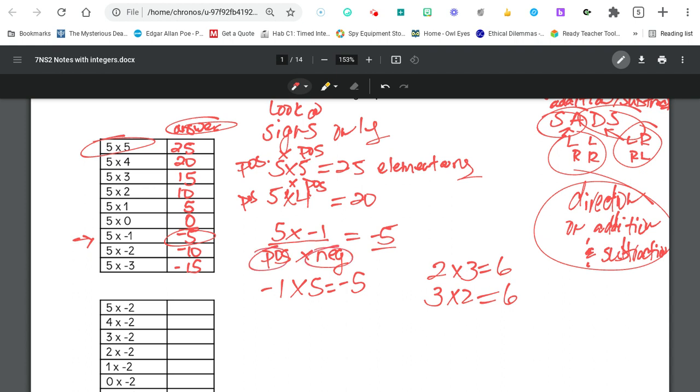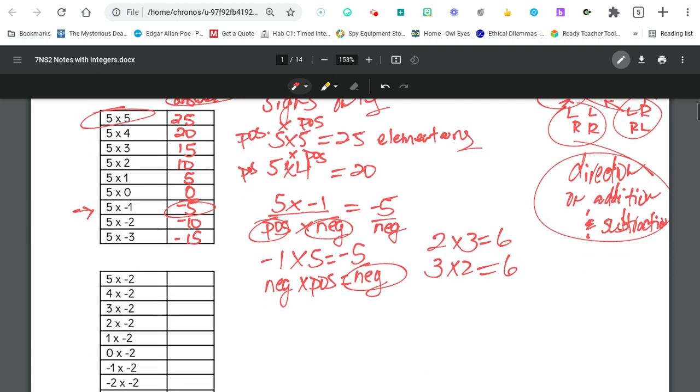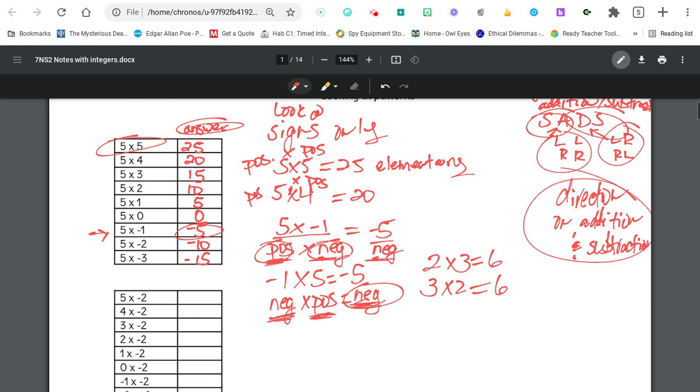So a positive times a negative gives us a negative, but a negative times a positive is also a negative. Those are different signs. Different signs, I got a negative. So it looks like if the signs are different, I get a negative.